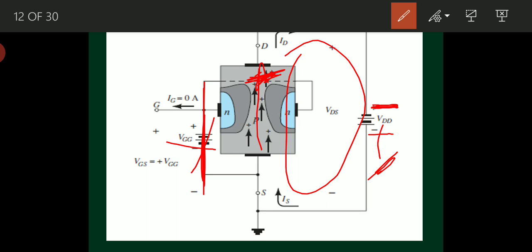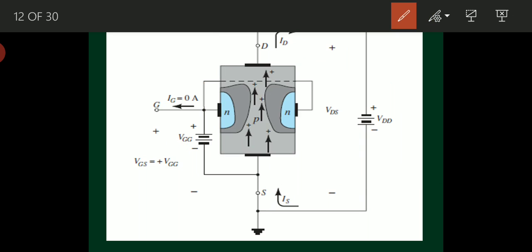So the direction of current is opposite to the flow of electrons, and the direction of current is the same as the flow of holes. So current direction is from source to drain. Current enters at the source terminal like this and leaves the drain terminal like this. So these are the conventions I have shown you here.